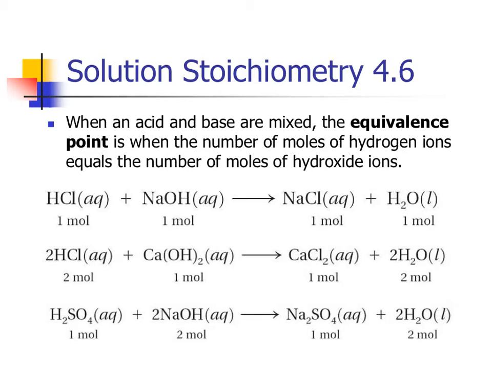But once you get, say, 0.01 moles of sodium hydroxide, which is just a little bit more than the hydrochloric acid, you are going to see that solution turn pink.